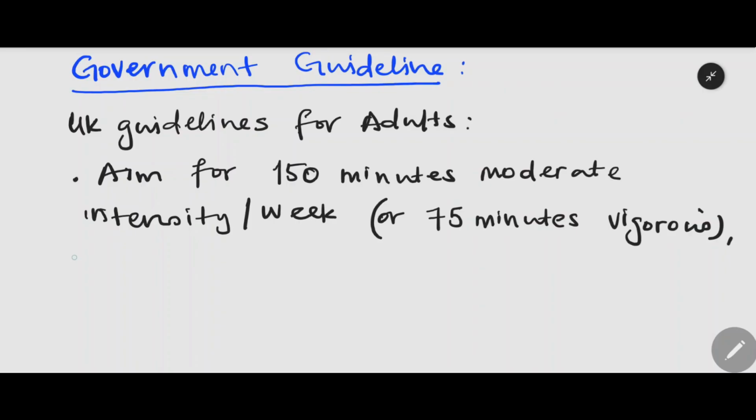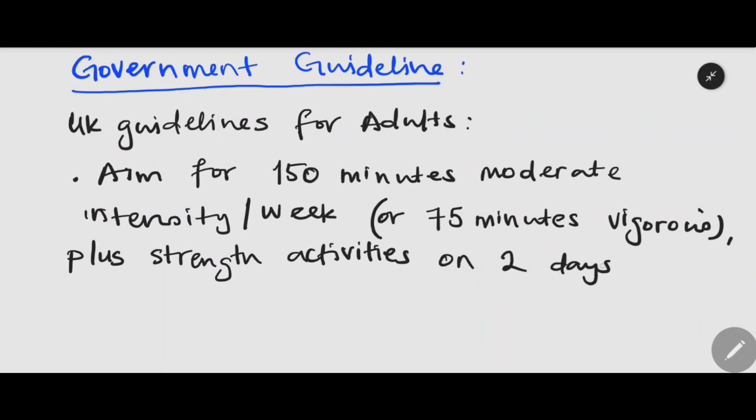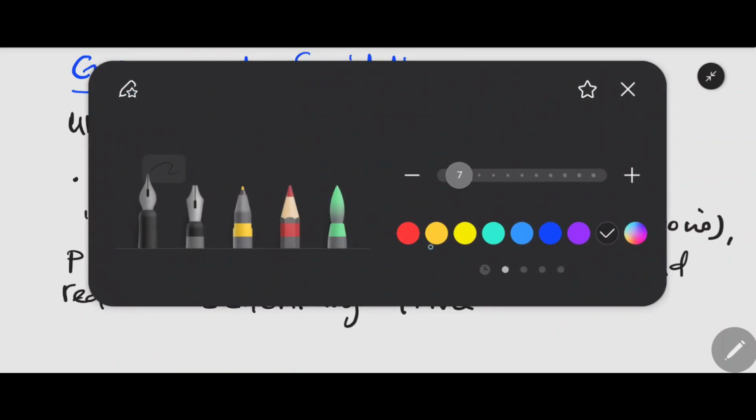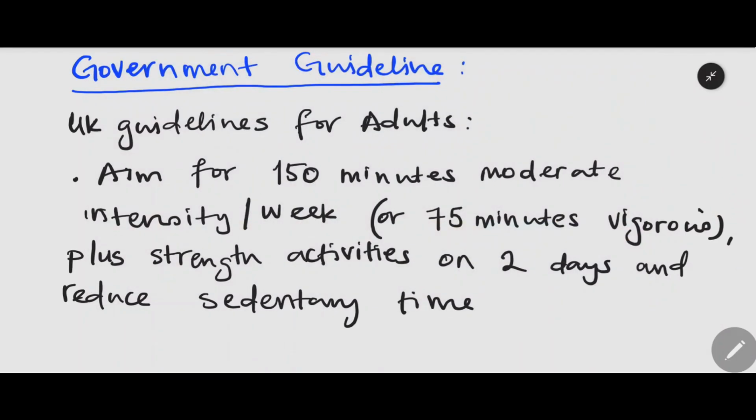But that's not it, because it also says plus strength activities on 2 days, and reduce sedentary time. So 150 minutes of moderate intensity per week, plus strength activities on 2 days, and reduce sedentary time.